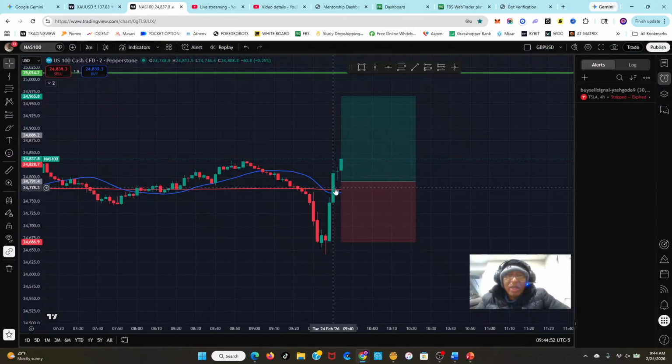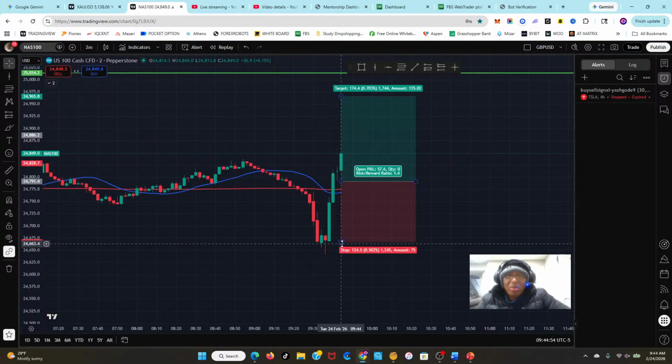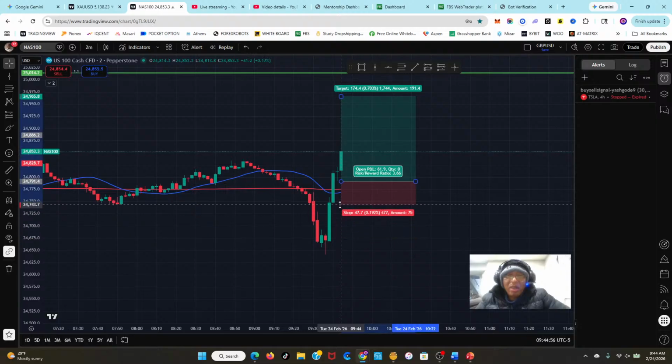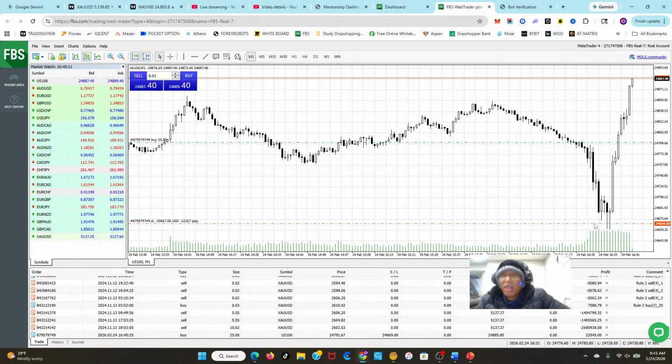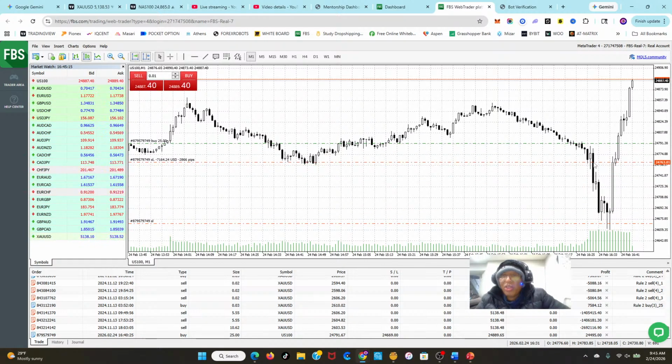So we entered on this bar, so we should have our stop loss right here on that bar right now. So we're gonna move our stop loss to that bar. You see these long bars here, we entered on that bar, so we're gonna move our stop loss up right there.